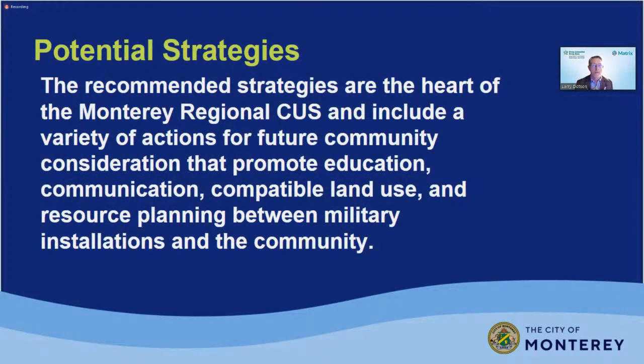Again, when you have the opportunity to look at the report, the study provides a body of recommended strategies. It's a variety of actions. We talked about communication and enhancing partnerships. There are funding strategies.